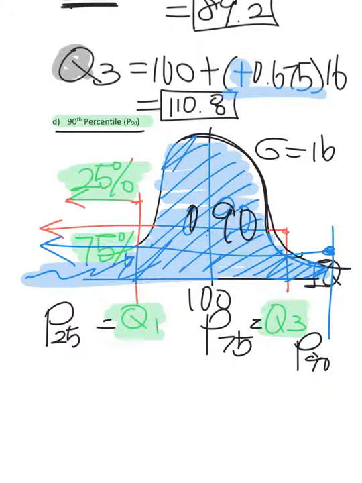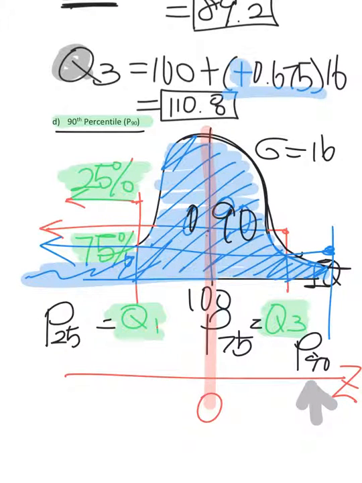Do you expect the z-score will be positive or negative for the 90th percentile? Positive, because in the middle of the standard normal distribution there is a 0, which was the mean. So we are going to take the positive z-score for the 90th percentile.